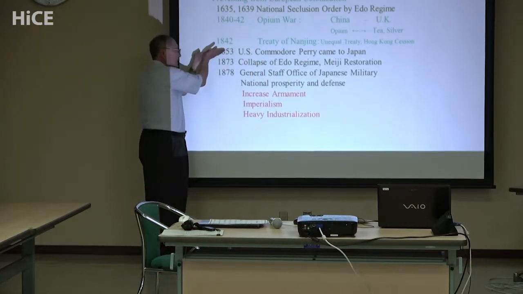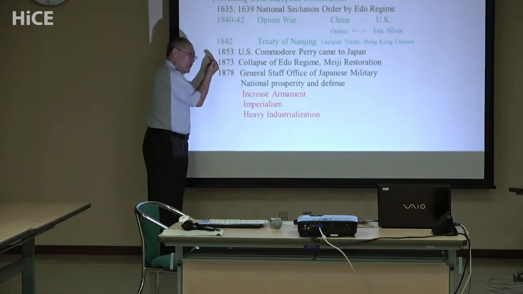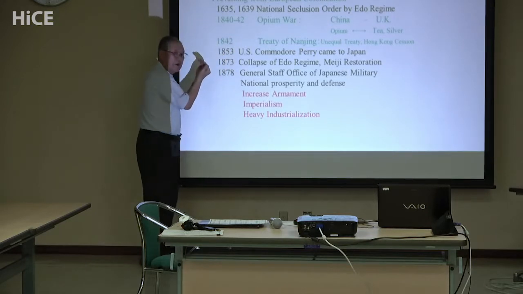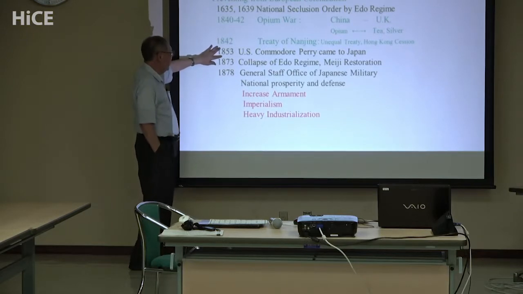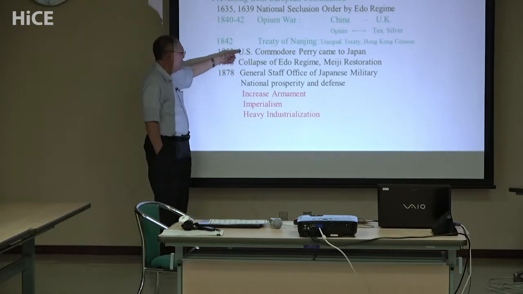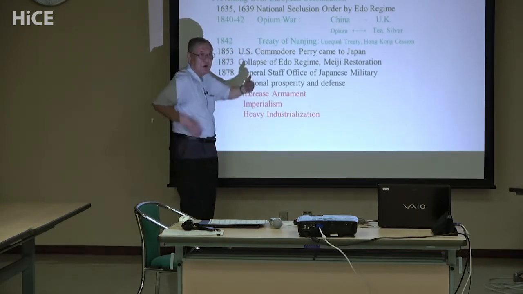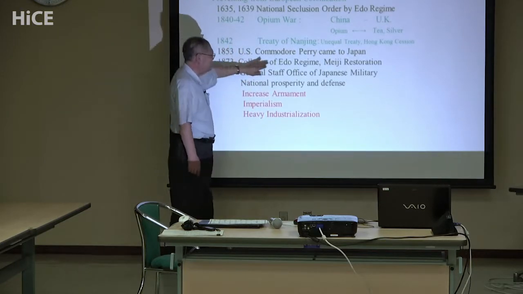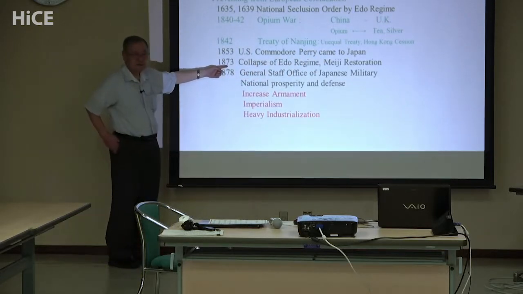And the Japanese system was perfectly closed to the UK or another European power. But in 1853 or 1873, US Commodore Perry came to Japan to open it. And the Edo regime collapsed this year.